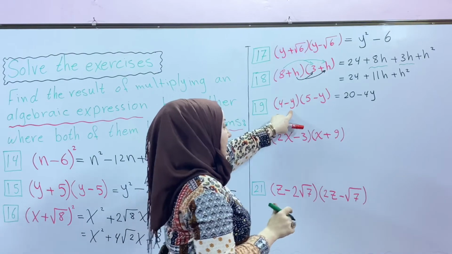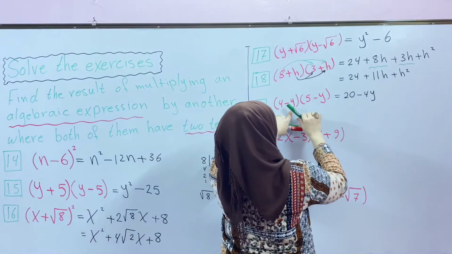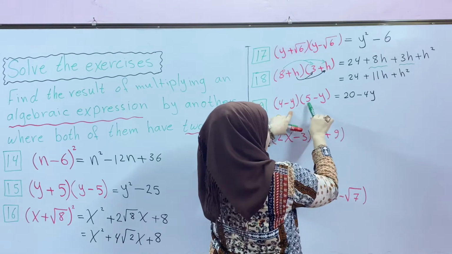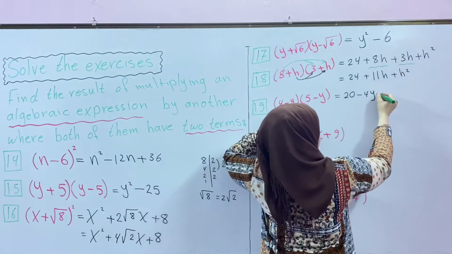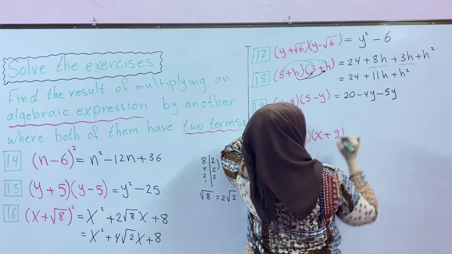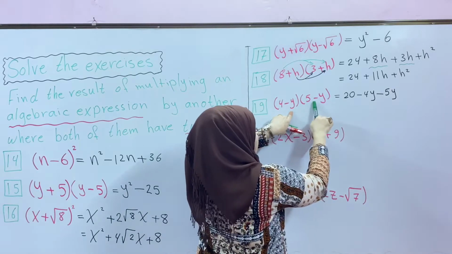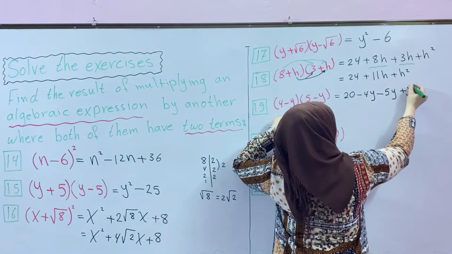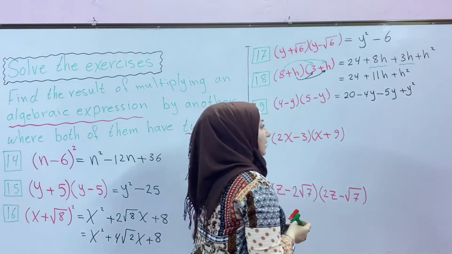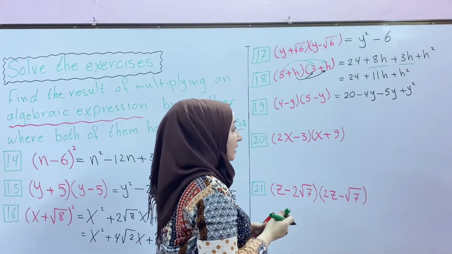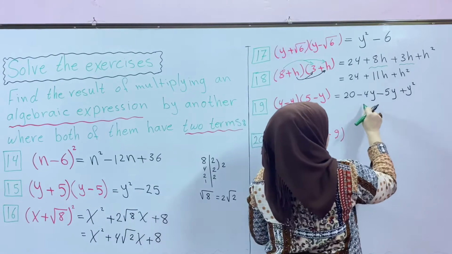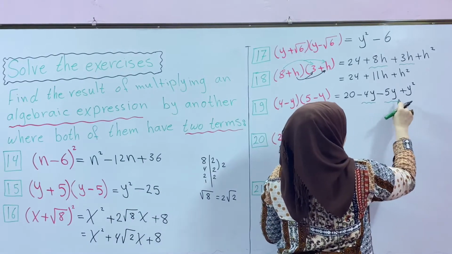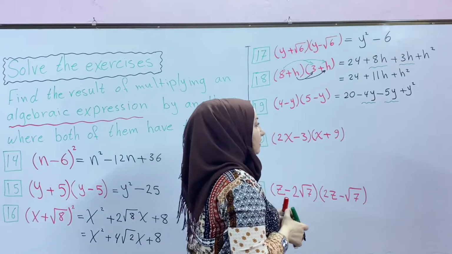Now we will go to the second term. Negative y multiplied by 5 will be minus 5y. Negative y multiplied by negative y is positive y squared. And now we can simplify because we have similar terms.